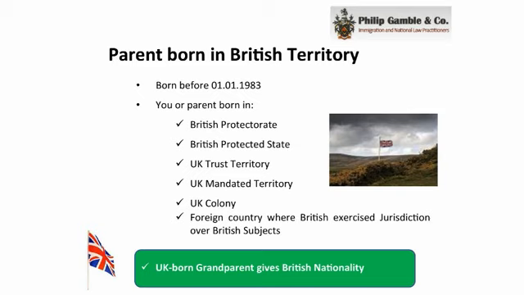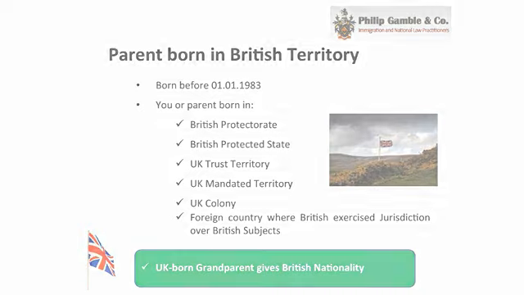We have UK protectorates, we have protected states, we have trust territories, mandated territories, we have full colonies, and even places in foreign countries where the UK exercised jurisdiction over British subjects in those areas. These places can be quite obscure and are not perhaps places one would automatically think of being under British influence. China's on that list, for example, as is Argentina. Now, what is the effect of birth in these territories?